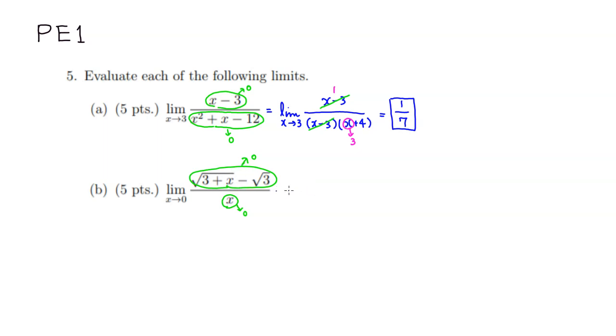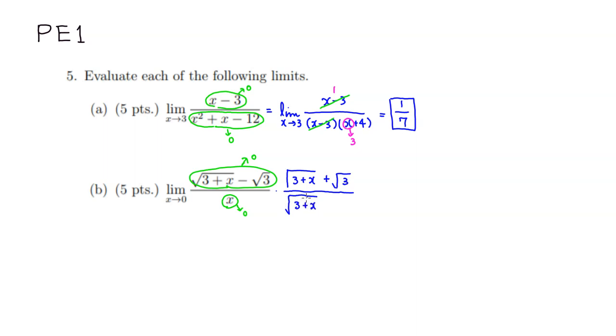So what I'm going to do is use this trick. I'm going to multiply top and bottom by the square root of 3 plus x, plus the square root of 3. I have to do exactly the same thing to the denominator, otherwise we're changing the quantity.